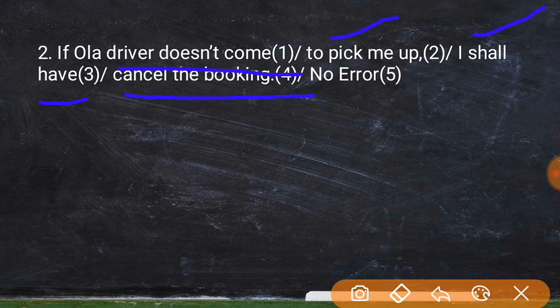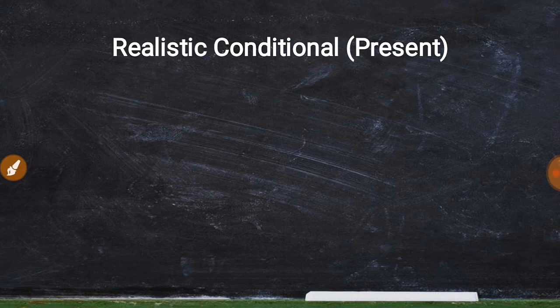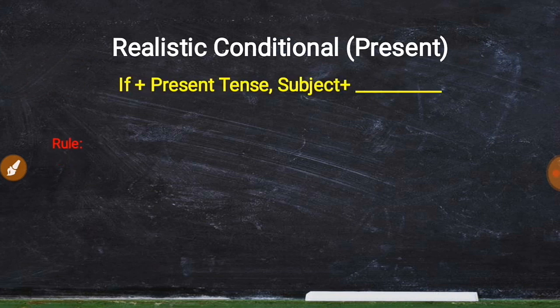If there is a have, there must be cancelled, because this is the future perfect. But you have to remember that here shall have is not possible. It is in the simple present form. So it should be: if the Ola driver does not come to pick me up, I shall cancel the booking. This have will not be there.